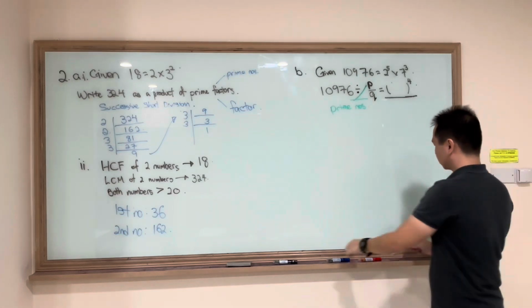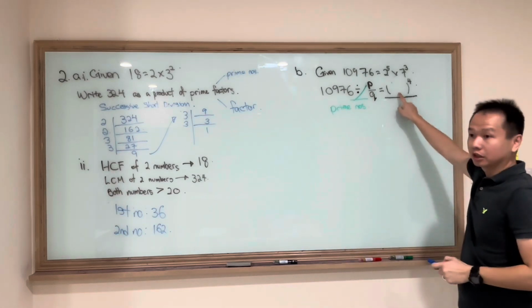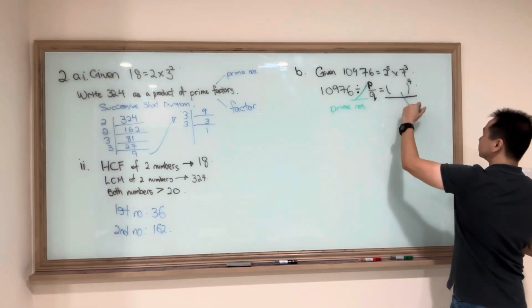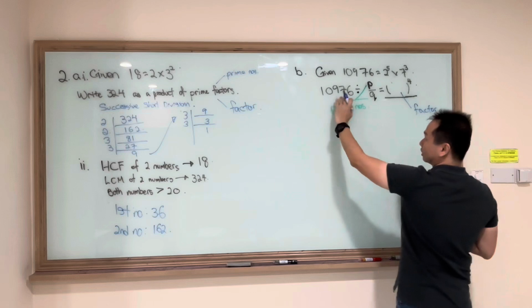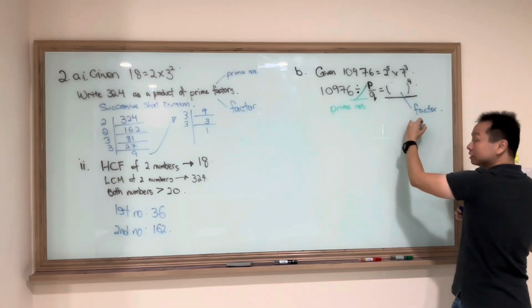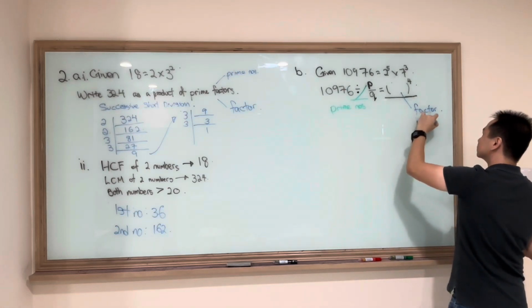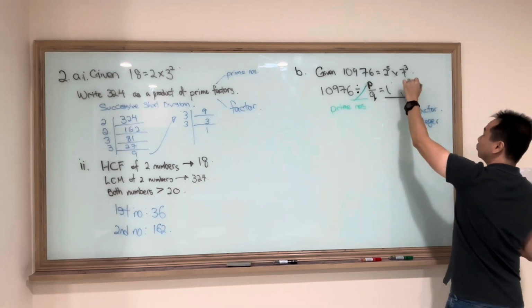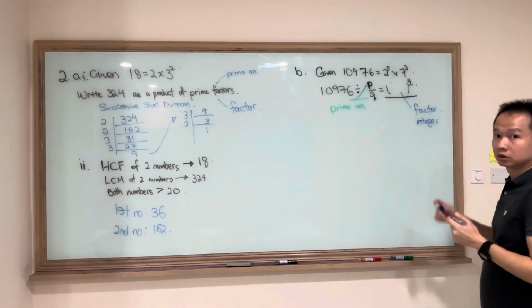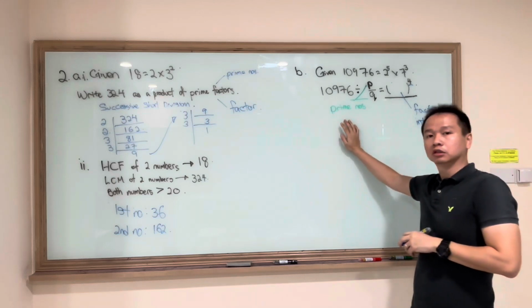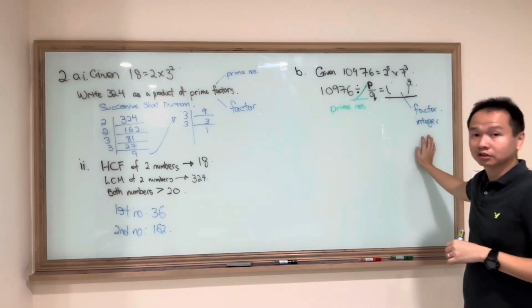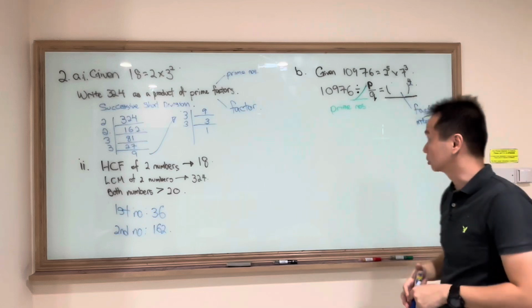And this number here is a factor of 10976. There is an integer and also has a power of 4. When we talk about integer, it doesn't mean that it has to be a prime number. It can be a composite number that is a product of two prime numbers also.